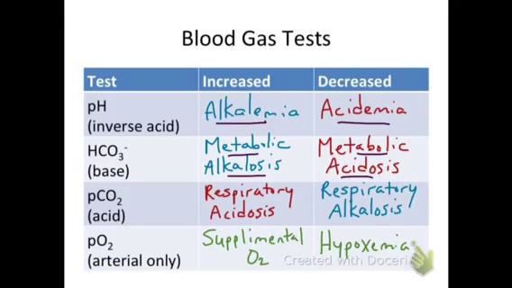Increased PCO2 means that there's a respiratory acidosis, but if it's decreased, then there's a respiratory alkalosis. An increased PO2 isn't really physiologically possible, so if it is increased, that means the animal's on supplemental oxygen. And a decreased PO2 means that the animal has hypoxemia.